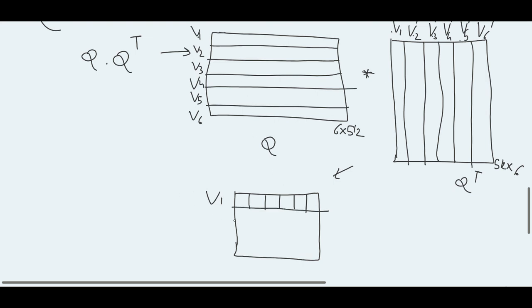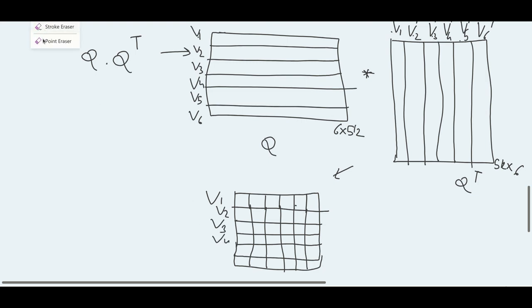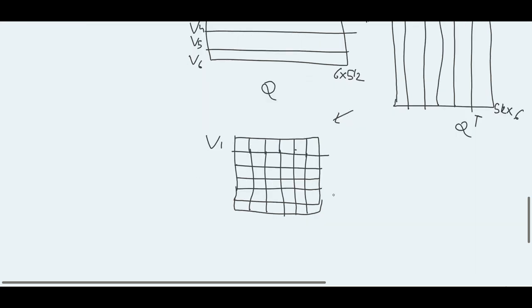Similarly, it will be related to v2, v3, v4, v5 and v6. And all of them will have 6 such values. So this is v1, this is v2. Okay, this is not the right way to represent it. Basically what this matrix is denoting is this.